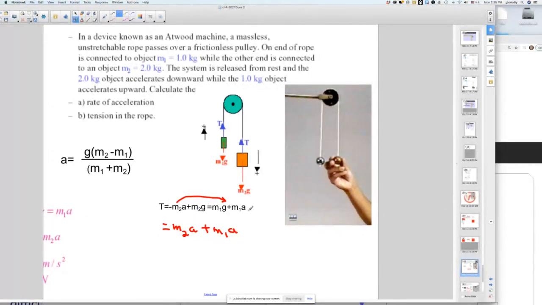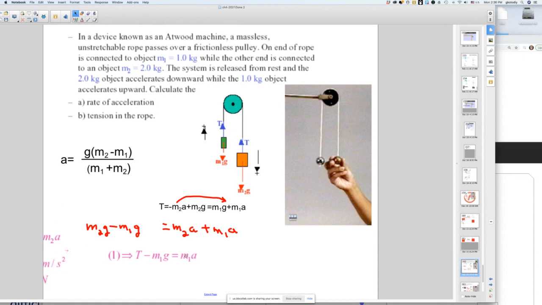I'm going to bring this on the other side. That'll be M1G plus M2G. If I didn't make a mistake here, which I may have, I have the solution here.